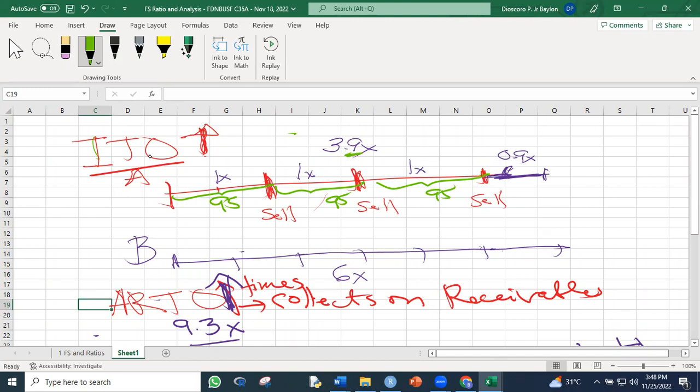While on the other hand, our competitor is able to do this in 60 days, 60 days, 60, etc.